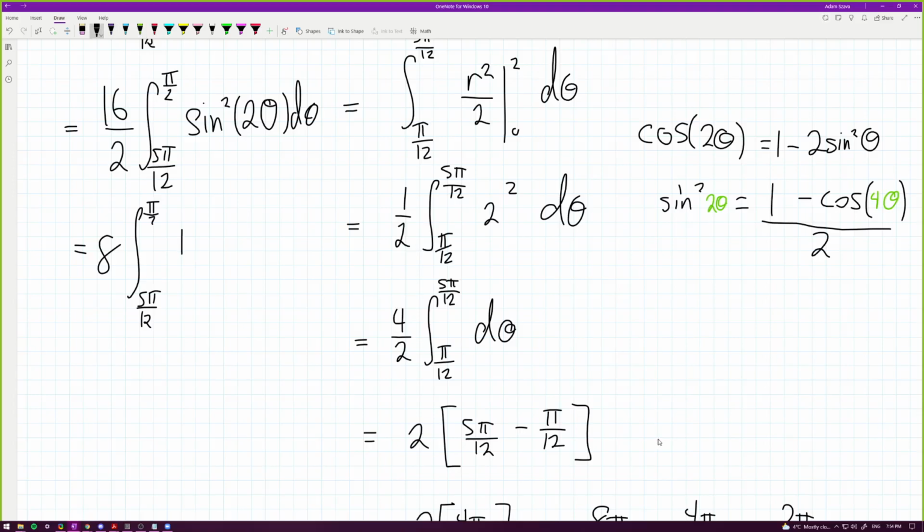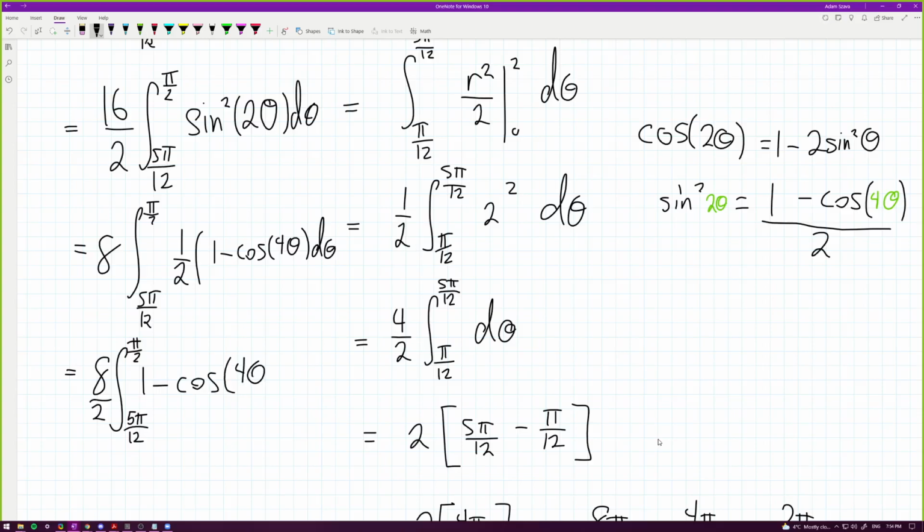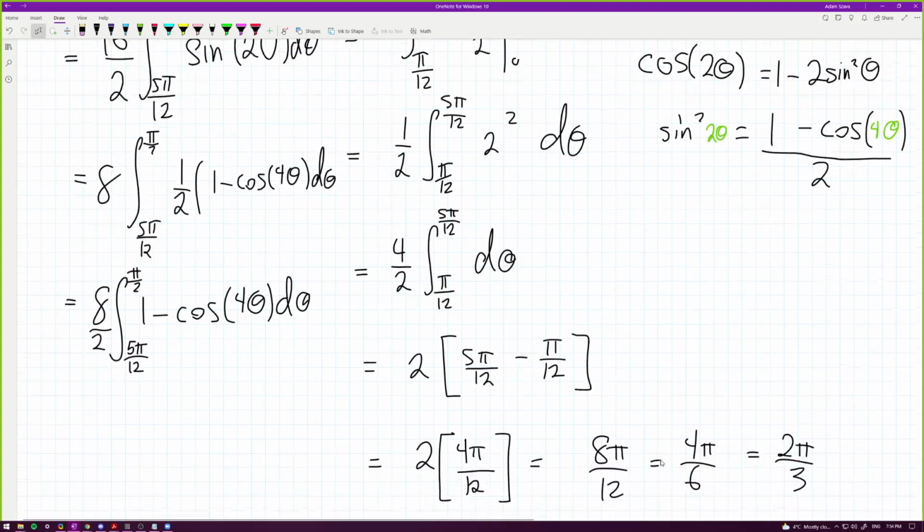So it's going to be 1/2 of 1 minus cos 4 theta, d theta, equals 8 times the integral from 5 pi over 12 to pi over 2. But I'm going to take the half out, right? It's going to be 1 minus cos 4 theta d theta.